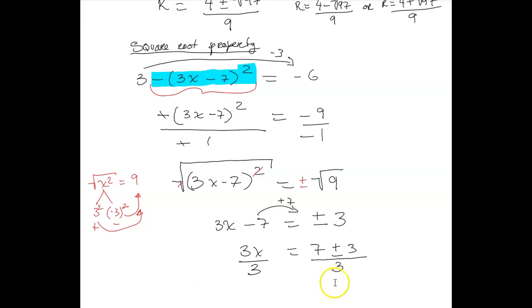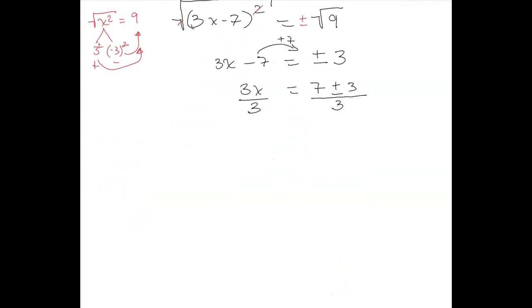Okay. All right, so next, you divide, and you get x equal to, now I have two answers. The first one will be 7 plus 3 over 3, and the other one would be 7 minus 3 over 3, okay? So we have two answers.